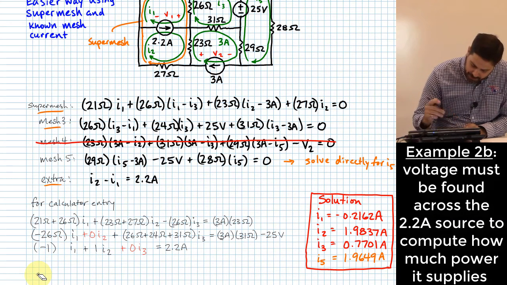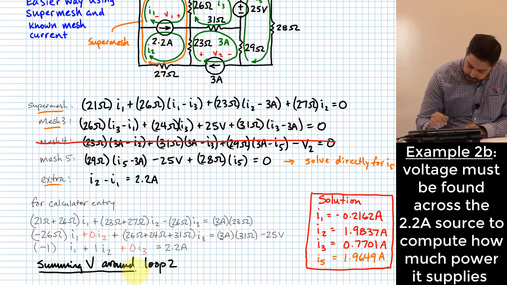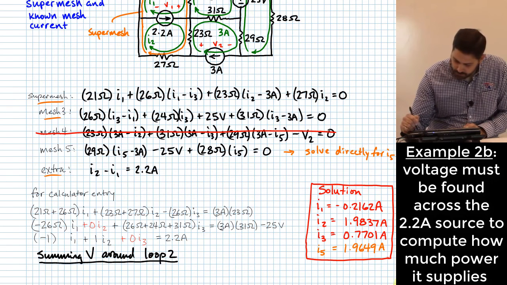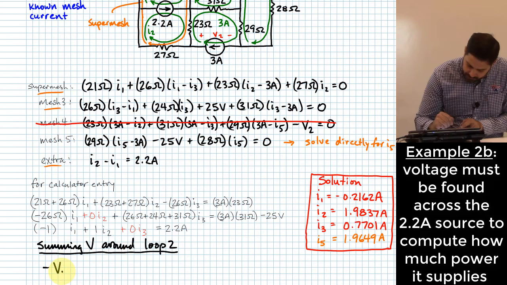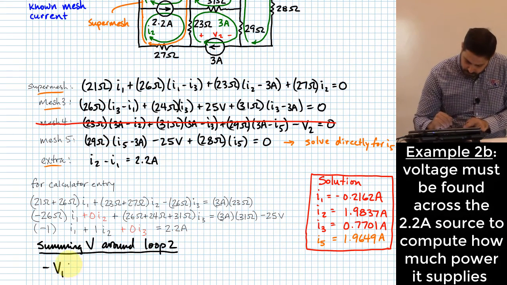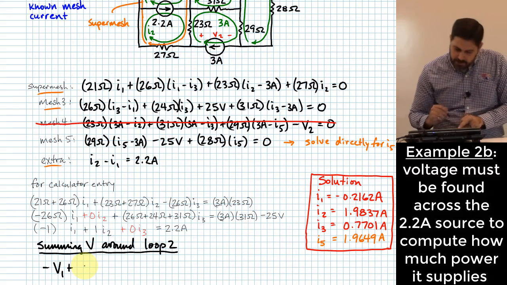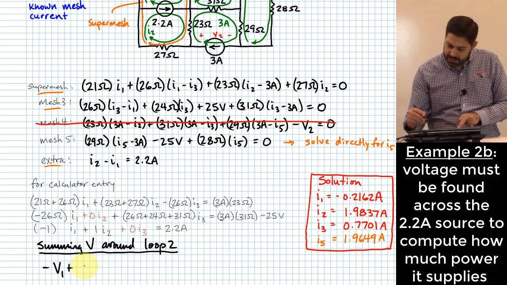So maybe I'll put a heading on here: summing voltages around loop 2. When I do that, I will have minus V1. Then what? Plus I2 minus 3 amps. And what's I2?